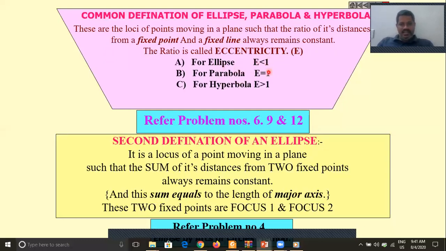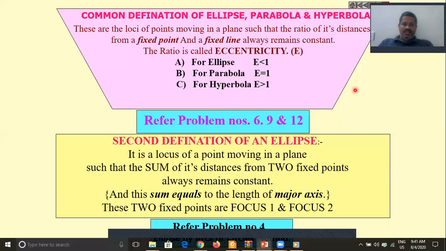If the ratio is equal to 1, that means the ratio of distances of a point from a fixed point to a fixed line is equal to 1, we will get a parabola. If the ratio is greater than 1, we will get a hyperbola. We will see these three in the coming slides. So we will see what eccentricity is and the terminology associated with drawing an ellipse, parabola and hyperbola.